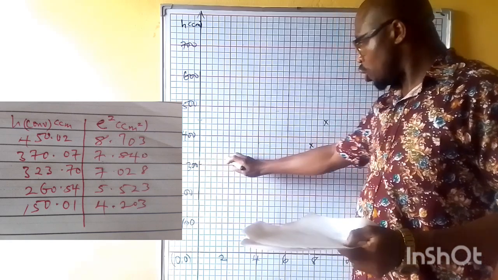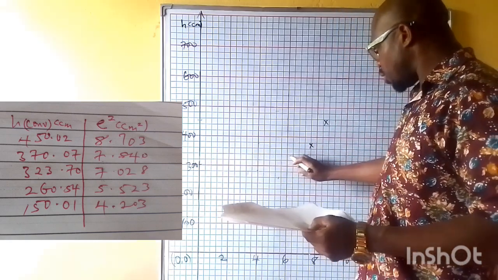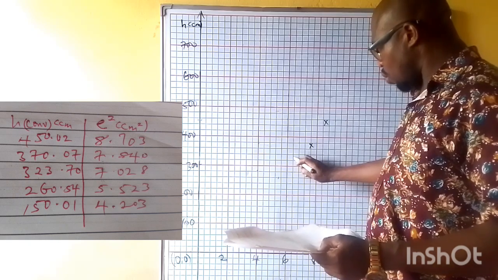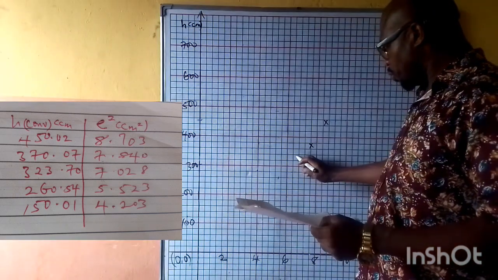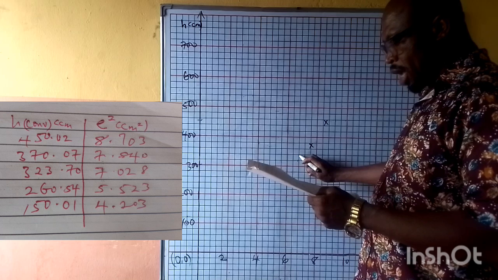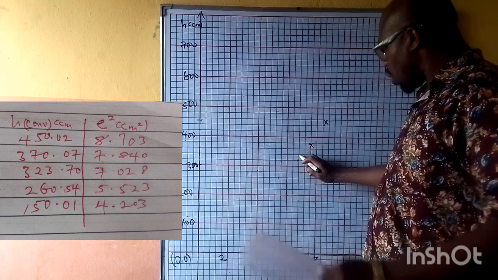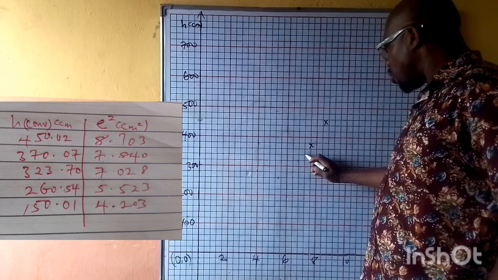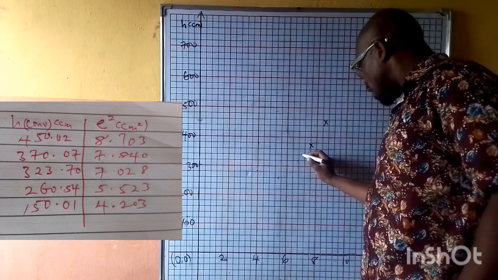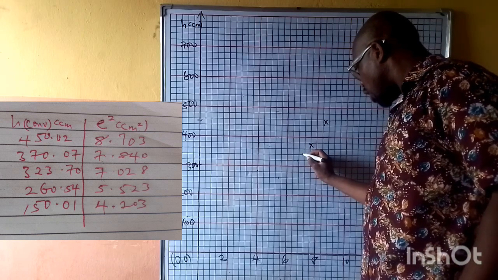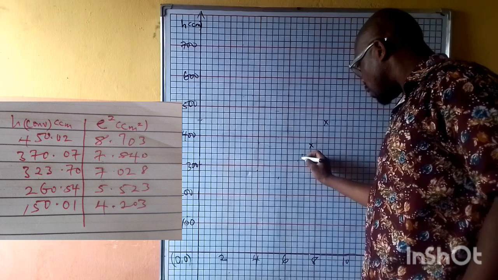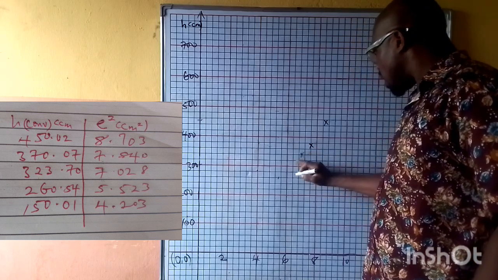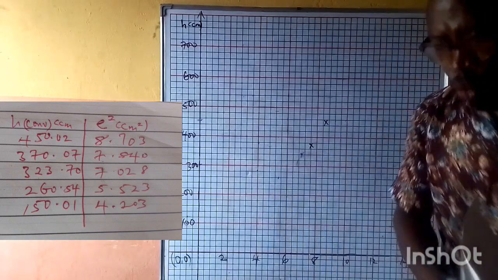You trace it down up to here is 6.2, 6.8. Now we are plotting 7.0. This is 6.8, and the next line is 7.2. Because of that, we don't need to get to this point. We can take it at this point here. So if we take it at that point, we can have the next one.